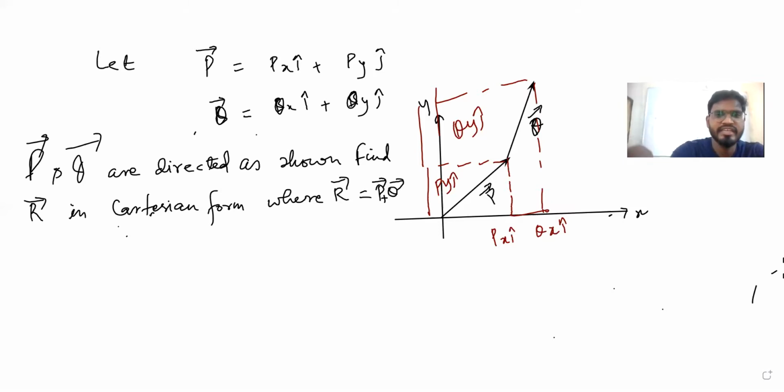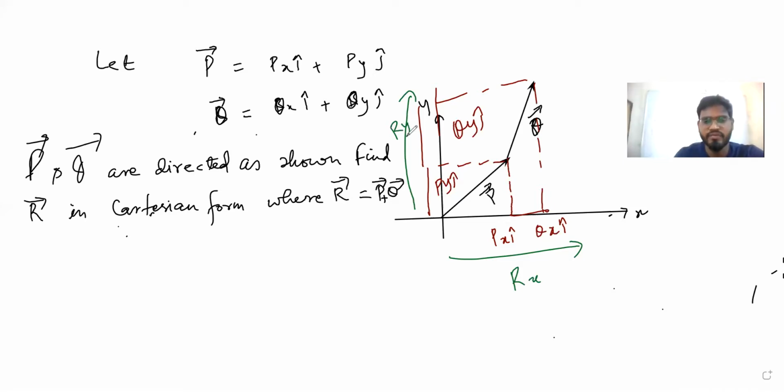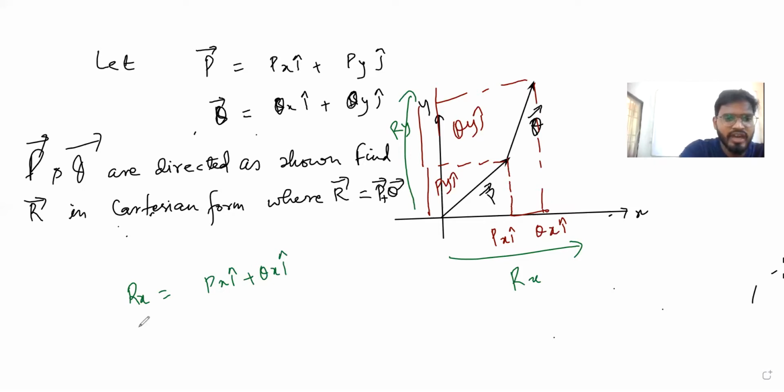Now if you find the resultant in the x-axis as well as in the y-axis, then rx is px i cap plus qx i cap, and ry is py j cap plus qy j cap.